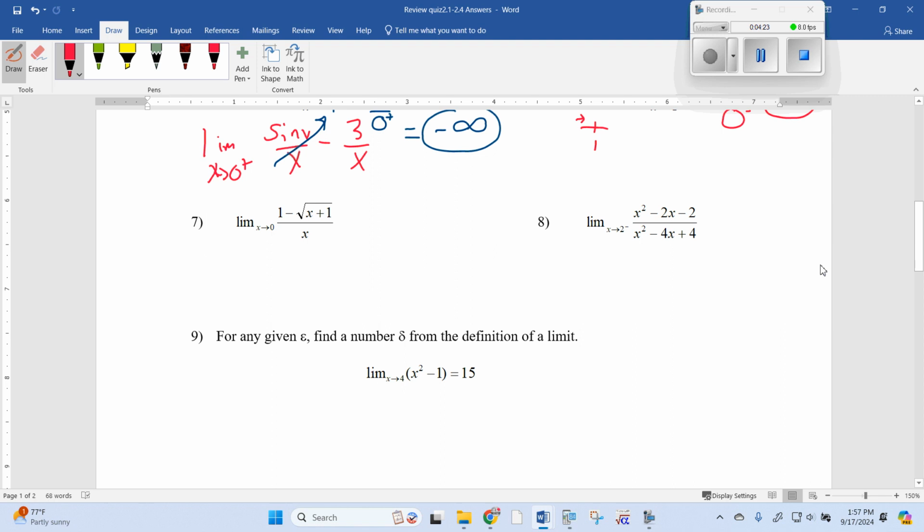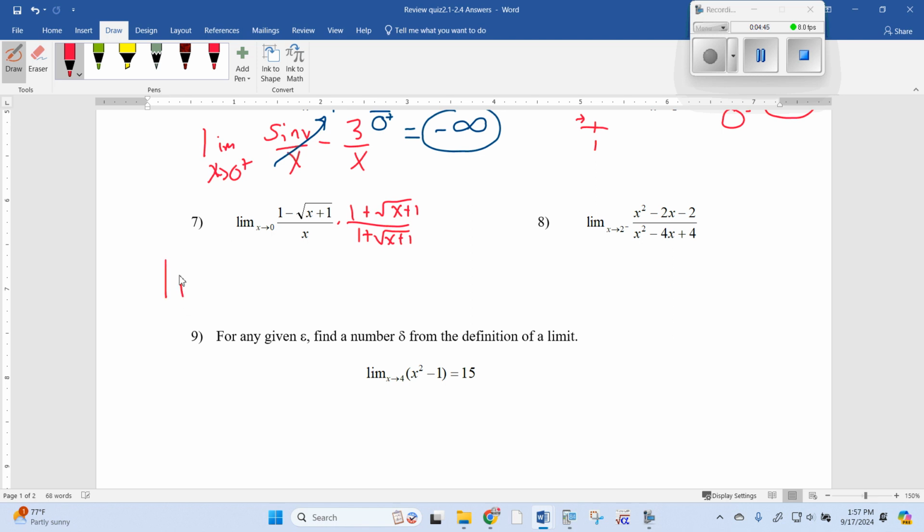The limit as x goes to 0 of (1 minus the square root of x plus 1) over x. Once again, if I plug 0 in, I get 0 over 0. In this case, because we have the radical, I'm going to multiply by the conjugate. So I'm going to multiply the top and bottom by 1 plus the square root of x plus 1.